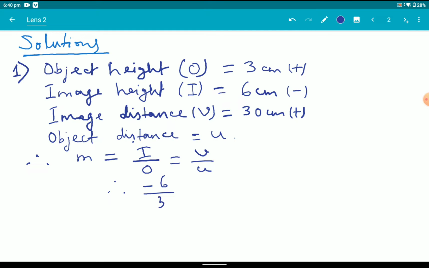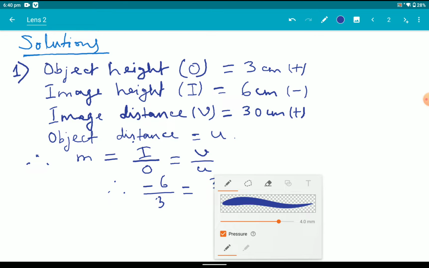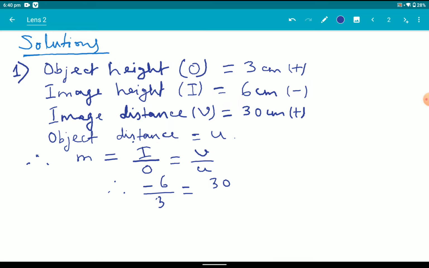O is given as positive 3, so plus 3, equals V has been given as plus 30, and we have to determine what is U. From this we can simplify 3 and 6 as 2, then U will be given as 30 by minus 2, that means U is minus 15.